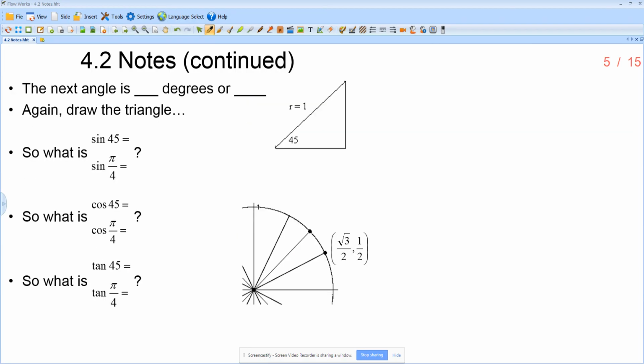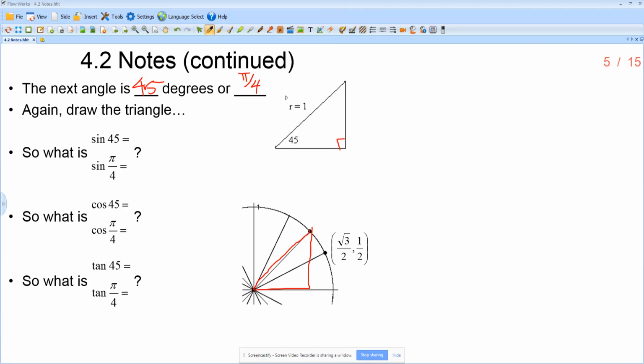All right, so moving along, we want to talk about some of the other angles that are going to be important. So the next one that we're going to talk about is 45 degrees, which is the same as pi fourths. Again, if we were to draw this triangle, so now we're talking about this angle. And what I'm doing is pulling that triangle out so that we could just look at that. So I've got 1 and the 45 degrees.